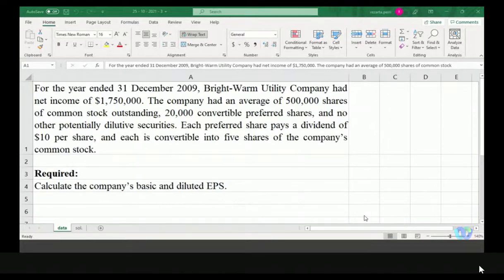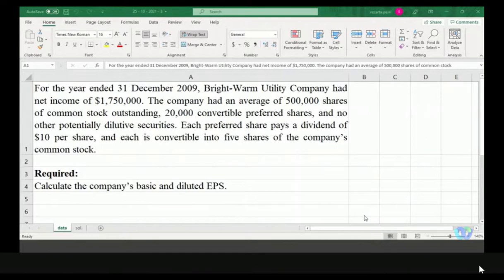The potentially ordinary shares are securities that have potential dilutive effects. For example, preferred shares that can be converted into ordinary shares, or loan stock that can be converted into ordinary shares, or options that can be converted into ordinary shares. Whatever the case is, we have to calculate two amounts of earnings per share in these cases.